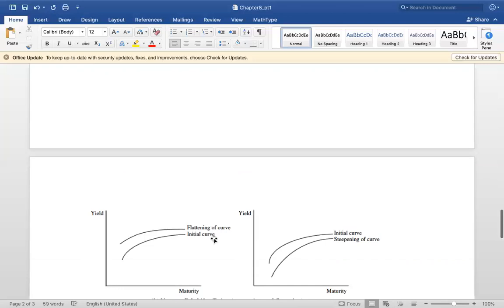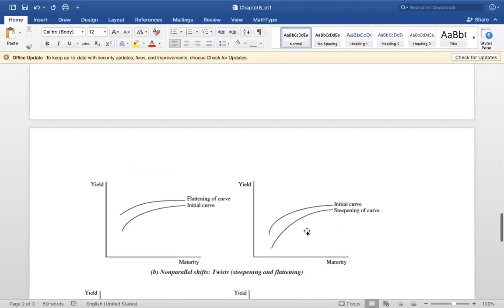In the non-parallel shift, we again have two different types. One is because of a twist in the slope of the yield curve. So this is a flattening of the curve, where we see that the slope has decreased, which means that the difference between here and here is lower compared to the difference between here and here, right?